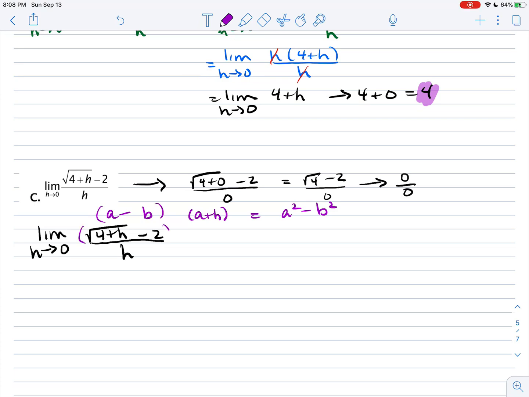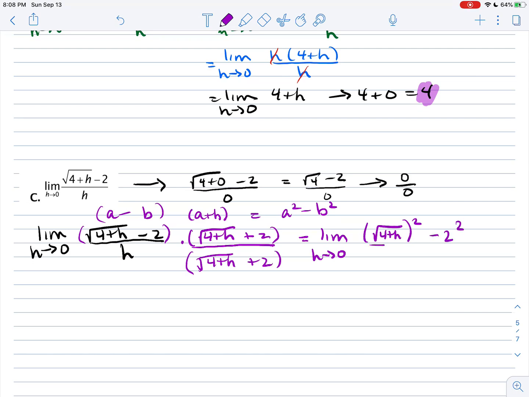So in my expression, I want to multiply by the square root of 4 plus h plus 2 over the square root of 4 plus h plus 2, because you always have to multiply by 1 so that you don't change the value of your limit. Then I'm going to multiply the numerators, and I get the square root of 4 plus h squared, take away 2 squared, all over, and I just multiply the denominators, and we still have h times the square root of 4 plus h plus 2.